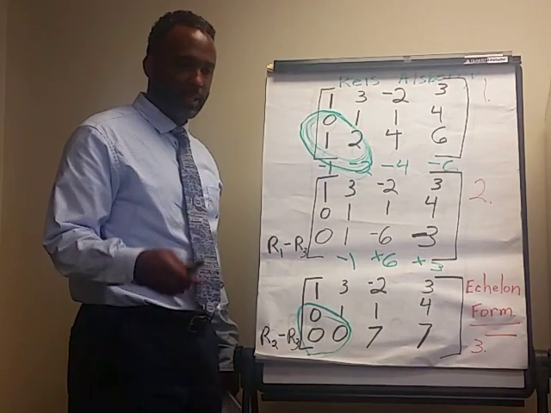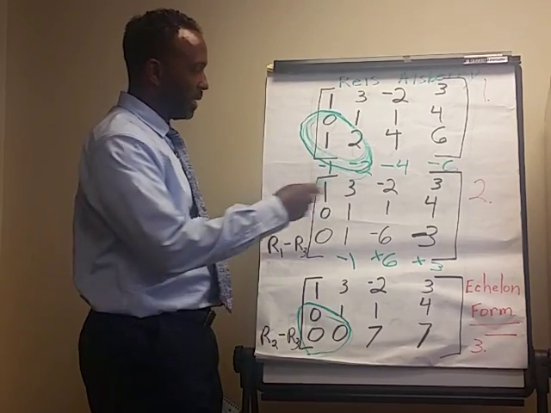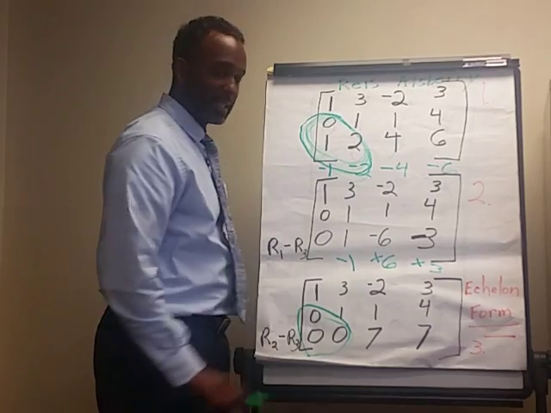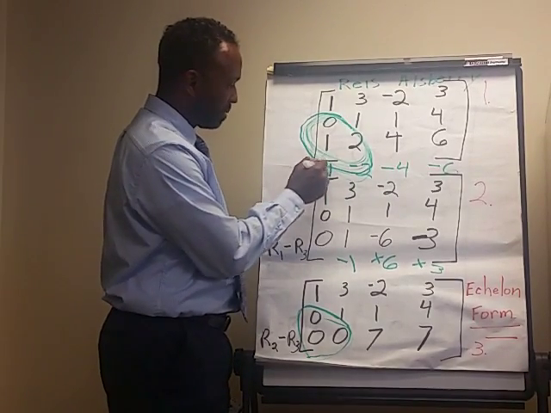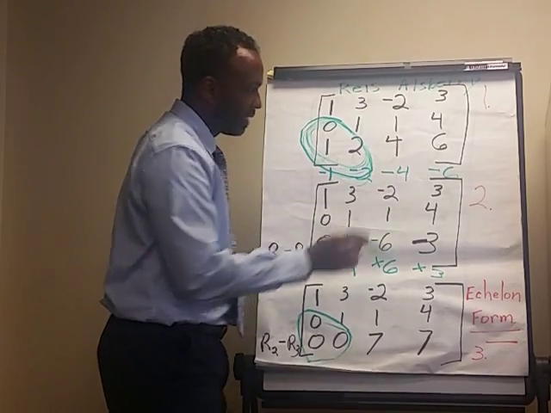When I'm manipulating one of the rows, what I like to do is take that row and do the math first. It's negative, so this 1 becomes -1, 2 becomes -2, 4 becomes -4, and 6 becomes -6.